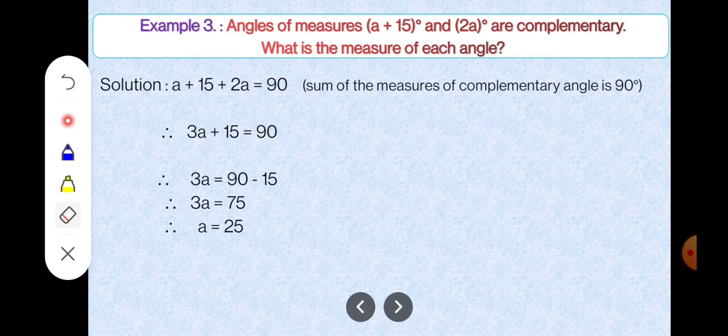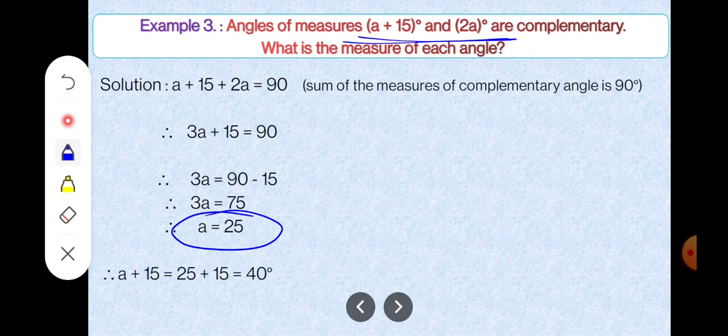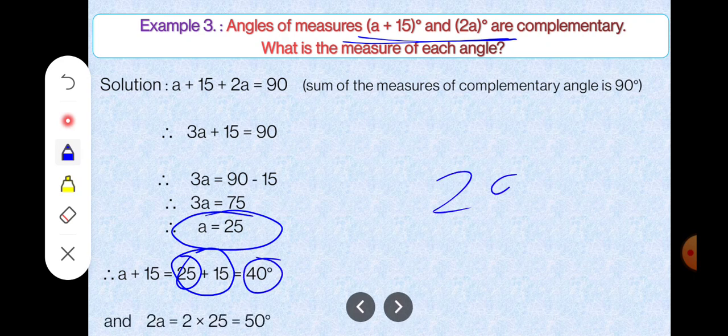As we have got the value of a, we will substitute the value of a in the given measures. So a plus 15 is equal to 25 plus 15. In place of a I have written 25. 25 plus 15 is 40 degrees. And 2a: if there is no sign in between, that means it is multiplication.